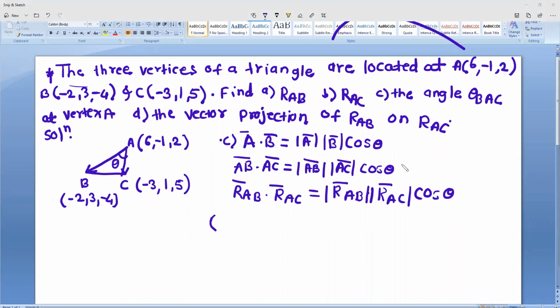R bar AB is minus 8 a bar x plus 4 a bar y minus 6 a bar z.